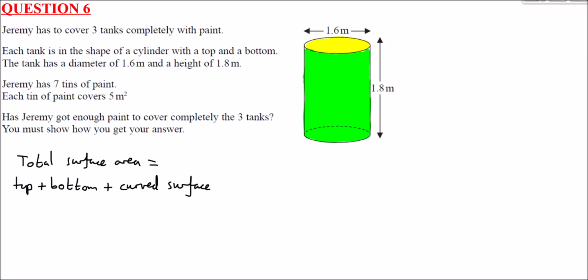The top and the bottom are both circles. The curved surface, well, we need to find out what that is in a moment.